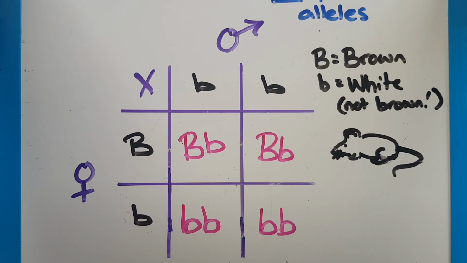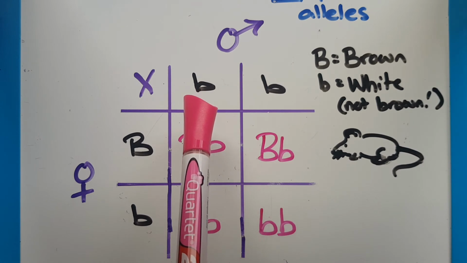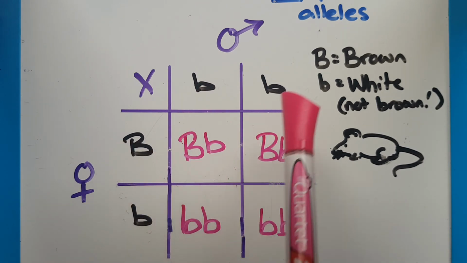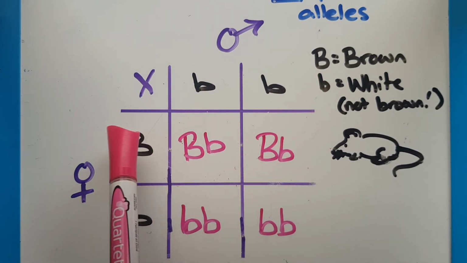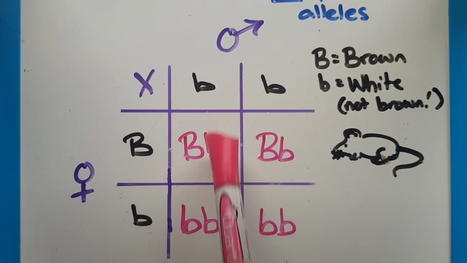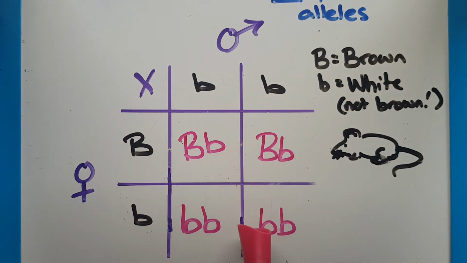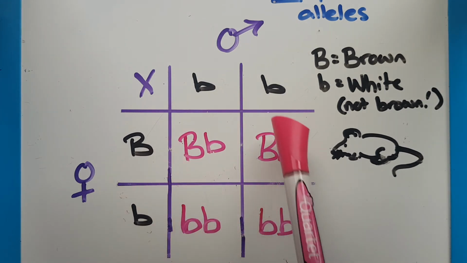So it's all a probability. There are 4 possible fertilizations. This group of sperm with this ovum, or this group of sperm with this ovum, this group of sperm with this ovum, this group of sperm with this ovum. 4 possibilities. Of those 4, 2 of them are giving us a brown coat.